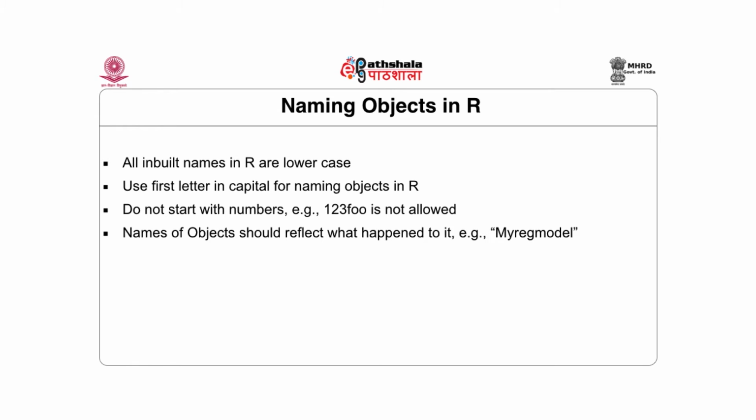Now, the way the inbuilt objects are named by the R developers and R creators, these are called reserved words. And these reserved words are the words which you cannot use to name another object that you as a user are going to use.